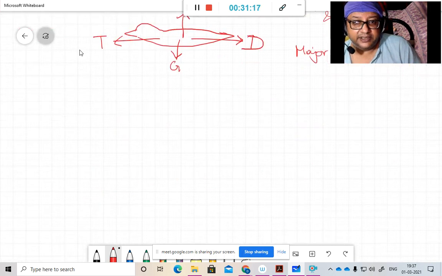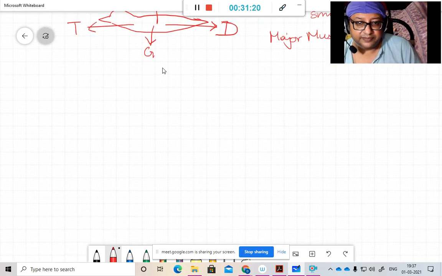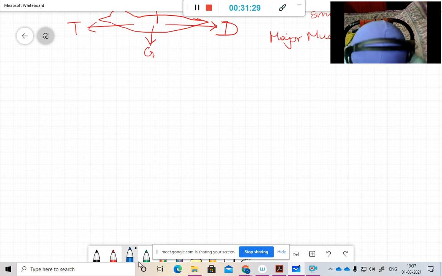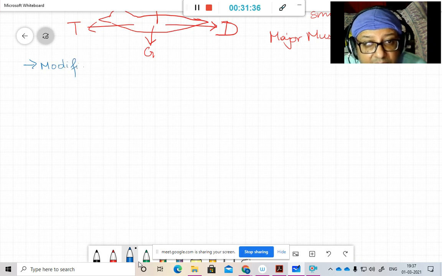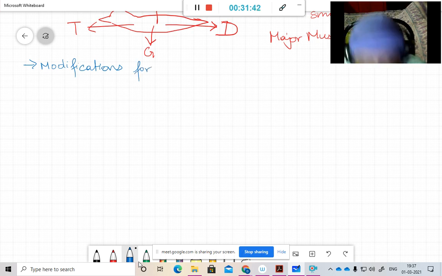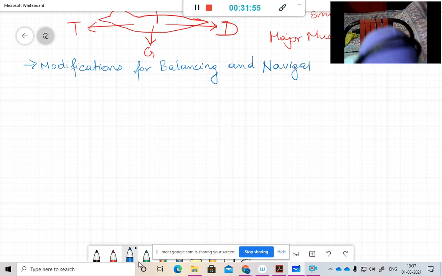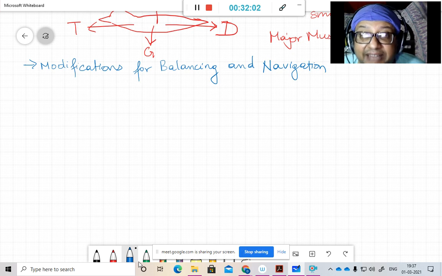Next feature we will be talking about is modifications for balancing and navigation.